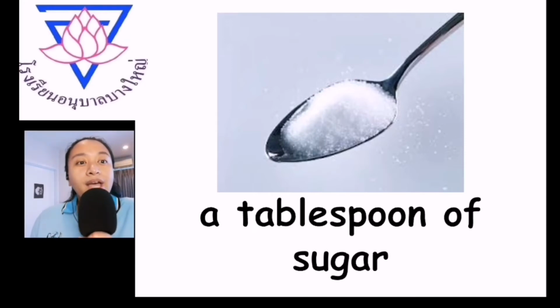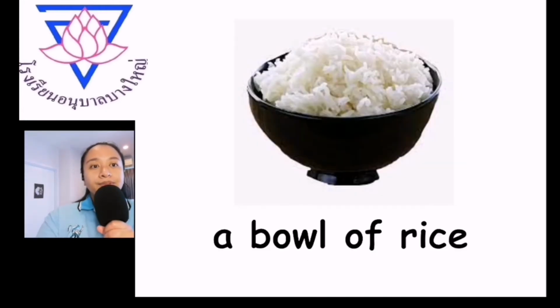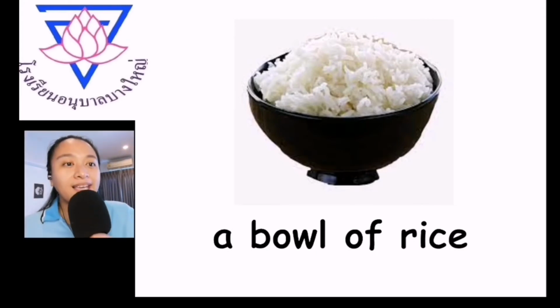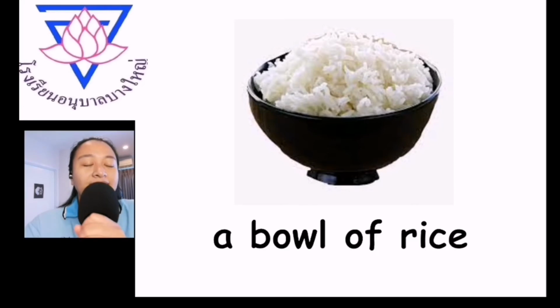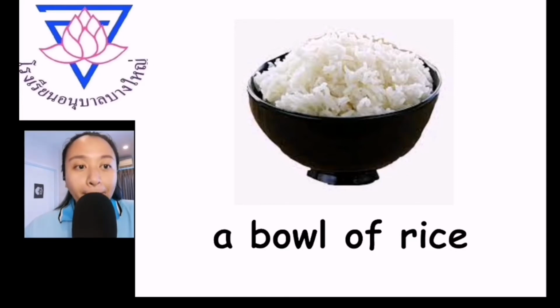We will use tablespoon. So we will say a tablespoon of sugar. Next, you can see rice. If you say a rice, it's incorrect. So we should say a bowl of rice.